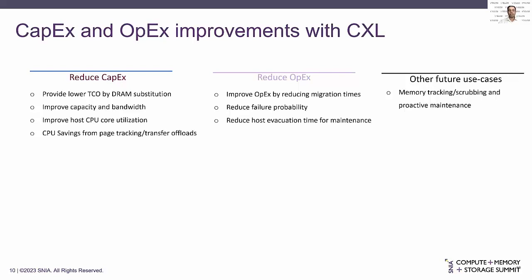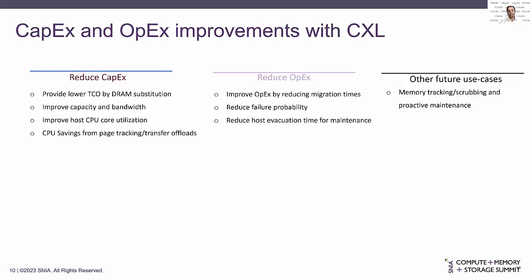Similarly, we can help with core utilization. In most cases, a lot of the cores can become underutilized because of the non-availability of memory, so by presenting more memory dynamically, you can help improve that core utilization. You can have CPU savings from doing some of the page tracking or even offloading some of the page transfers. That's another use case that can be looked into by things like accelerators.